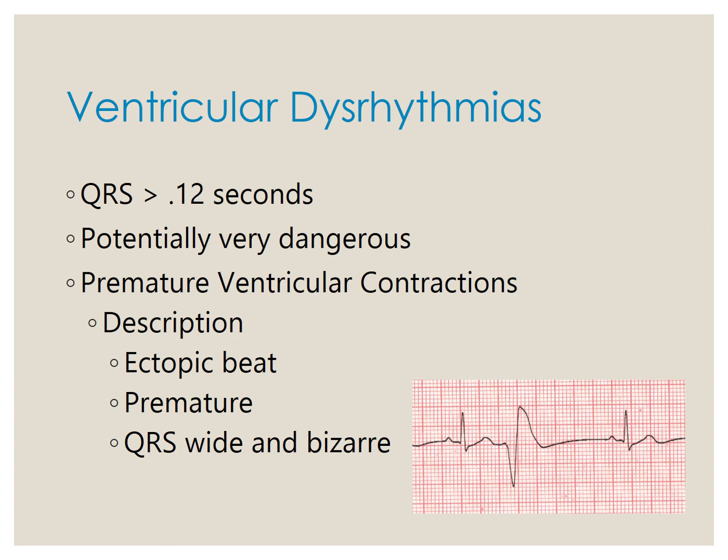So if you look at this little strip down here, you've got your P wave, then your QRS, and you've got this really wide and bizarre QRS. That is a PVC, because if you were marching them out, you would think we need a little bit longer before we would start having that contraction again. So you've got your sinus rhythm right here with a PVC is what we're looking at.